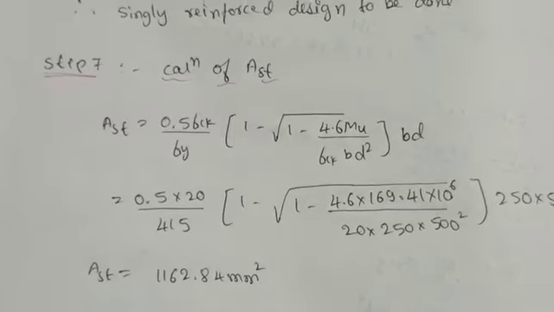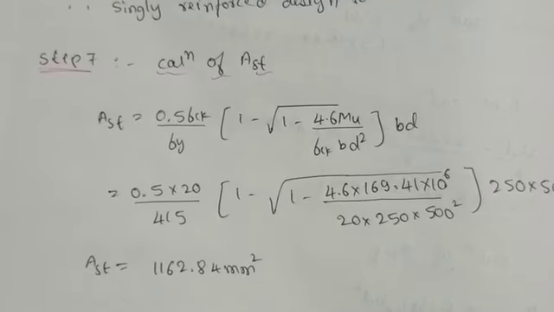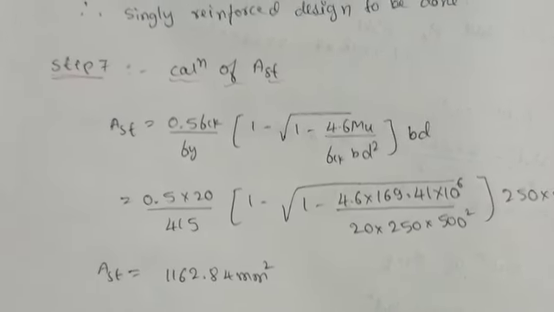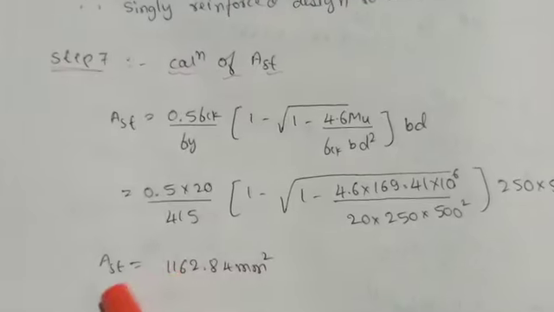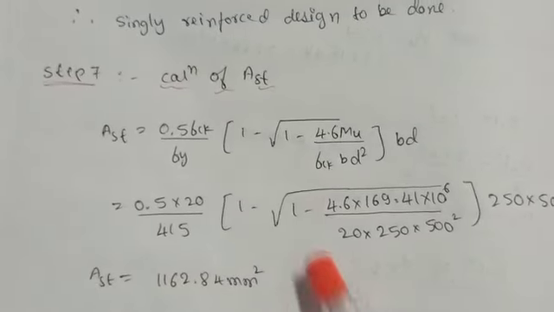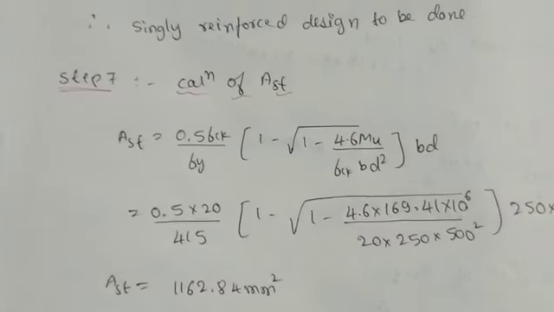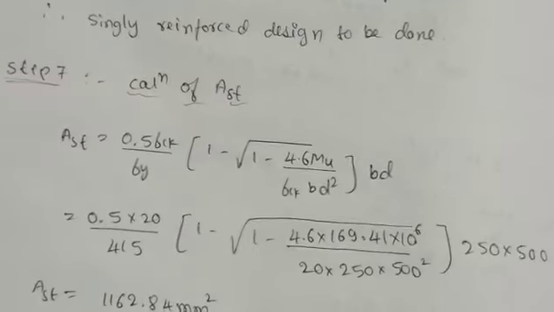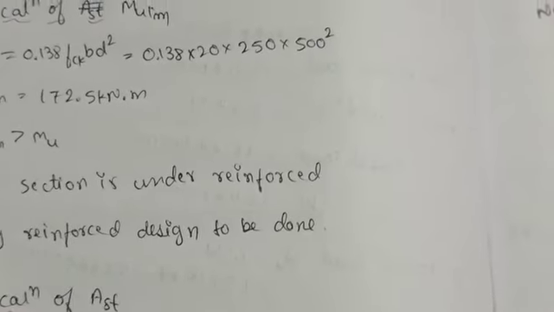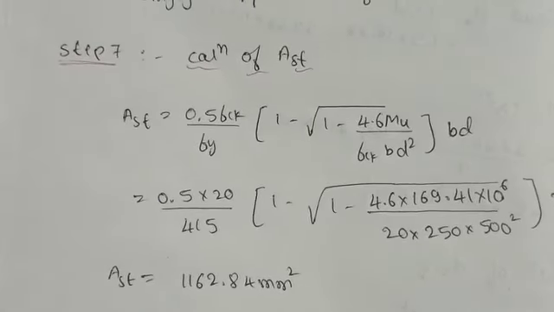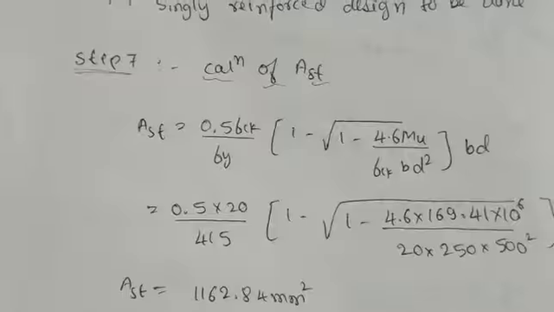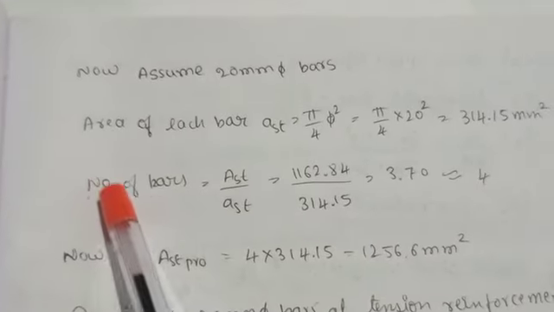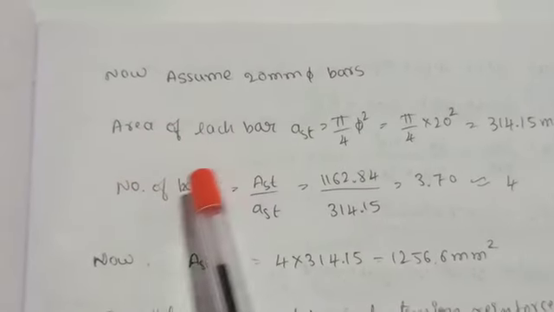When you calculate the Ast by using the quadratic equation, the answer will be the same as when you calculate by using this formula. So you can go either by this method or the quadratic equation method. And now let's assume the number of bars.